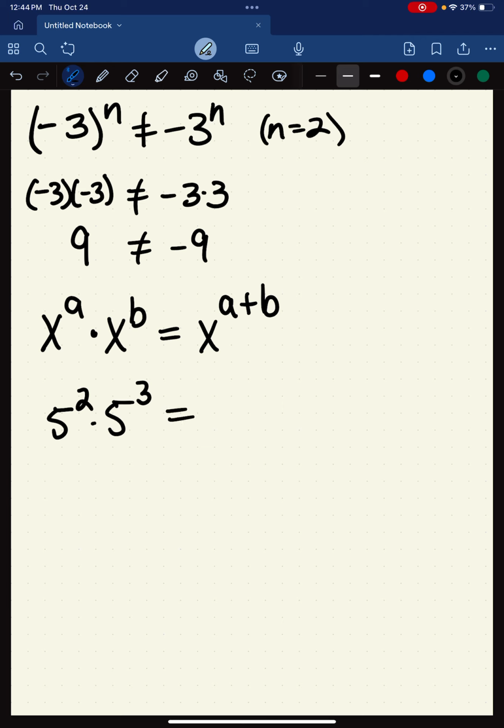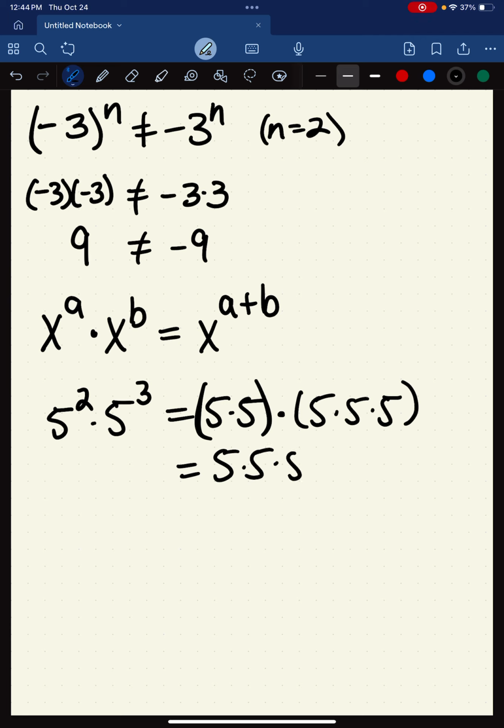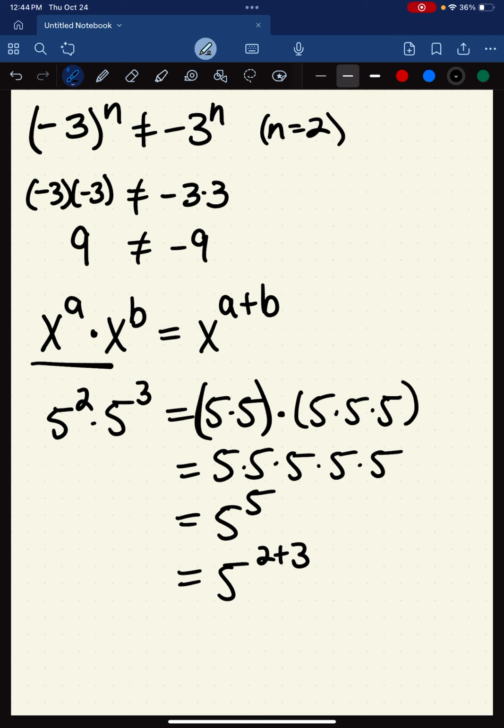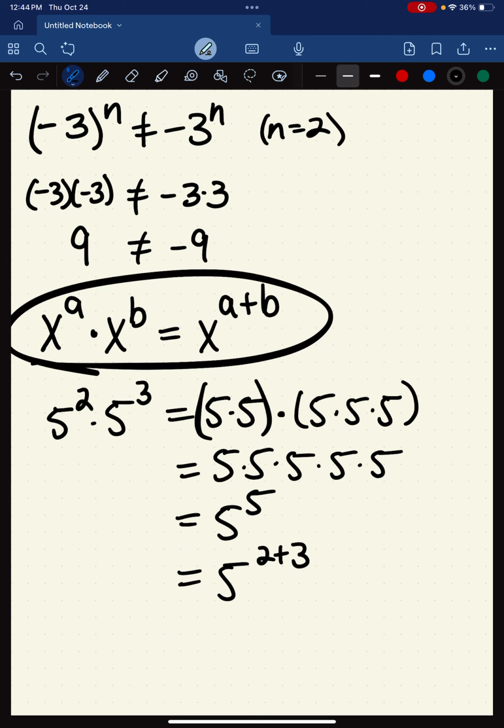On the left-hand side, that's 5 times 5 times 5 times 5 times 5. By the associativity property of multiplication, we don't need parentheses. And that is 5 to the 5, which is 5 to the 2 plus 3. So that's why this particular property works.